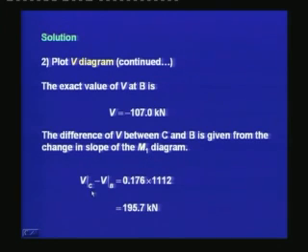Vc minus Vb is equal to the change in the slope, which is 0.176 radians, times the prestressing force, which is 1112, gives us a difference of shear equal to 195.7 kilonewtons between B, the intermediate support, and the end support at the right.